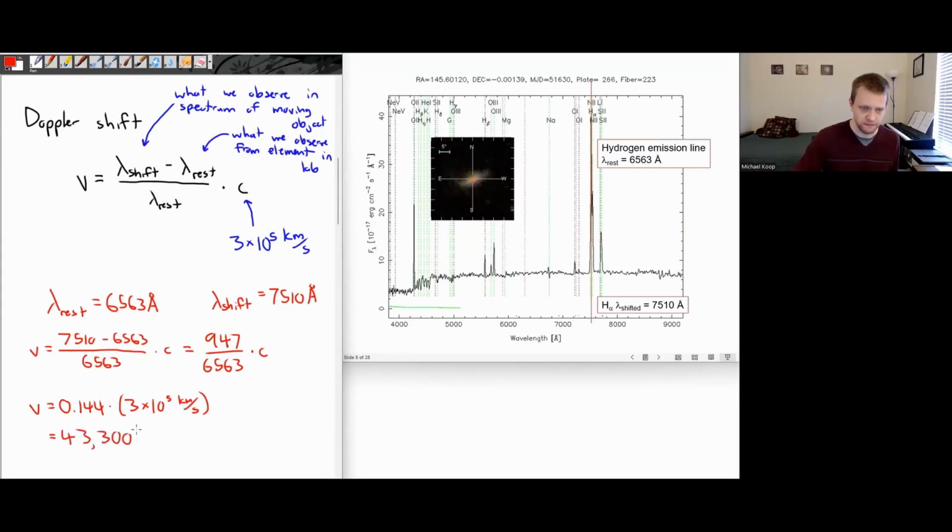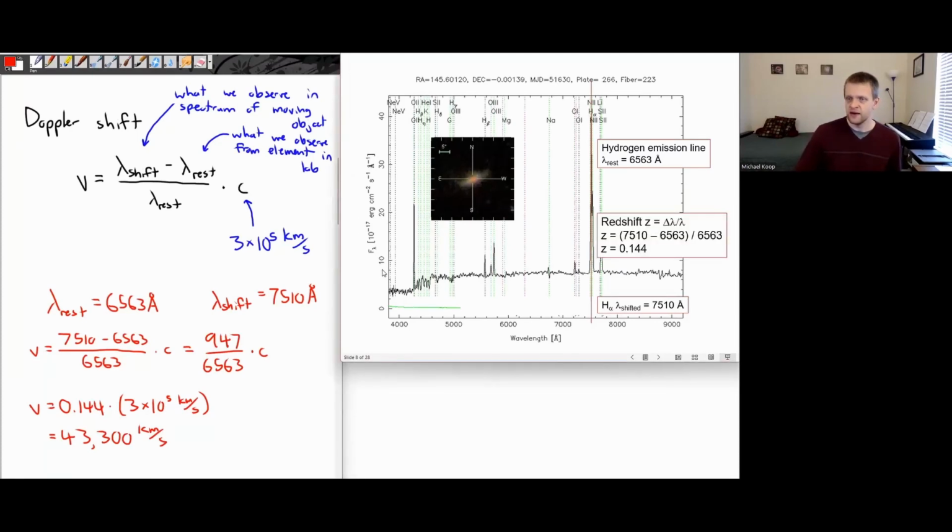43,300 approximately, just leaving that at 3 significant digits. For all of these equations, we're going to default to 3 significant digits for all of these kinds of measurements. So once again, if I can measure that shifted wavelength from the spectrum, and if I have that reference wavelength for what wavelengths that particular spectral line shows up at in the lab, we can use that information to figure out how fast this galaxy is moving.